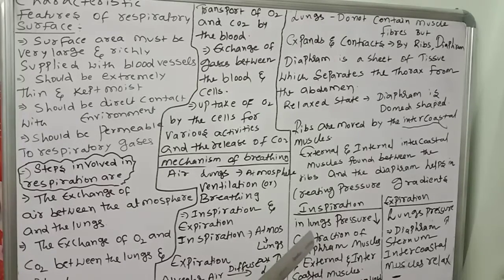In inspiration, the lung pressure will be decreased. Why? Because the thoracic cavity will be increased. Then the space will be more, so the pressure will be decreased. How? By contraction of the diaphragm muscles and external intercostal muscles, the ribs and sternum go upward, then automatically the lung pressure will be decreased.